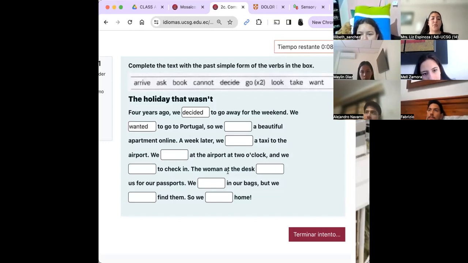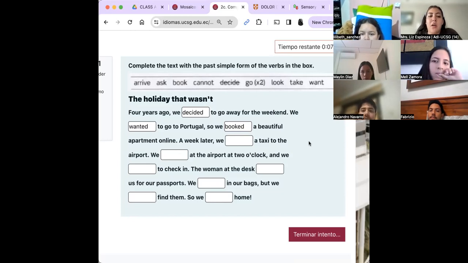Wanted to go to Portugal, so we, a beautiful apartment online. What do you do with an apartment? Look? No. You booked, like booking, right? You booked. It's not libro, but that you book, que usted agenda, usted separa. A beautiful apartment online. A week later, we, a taxi to the airport.